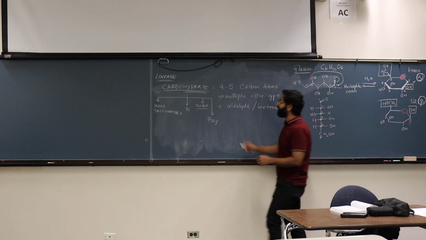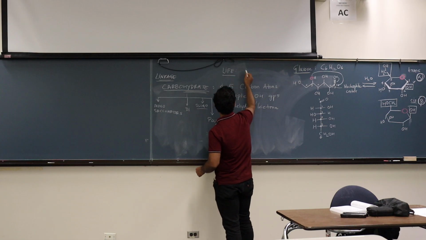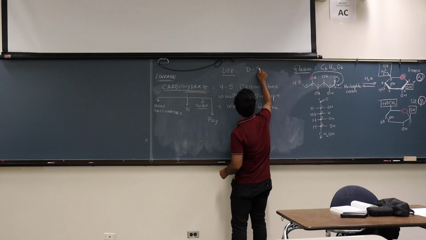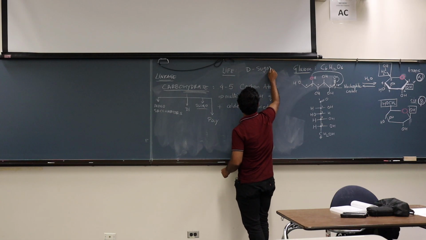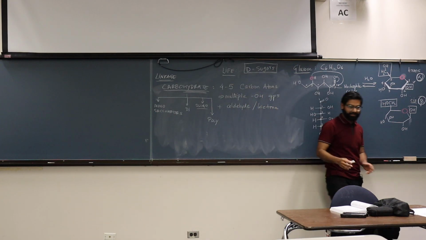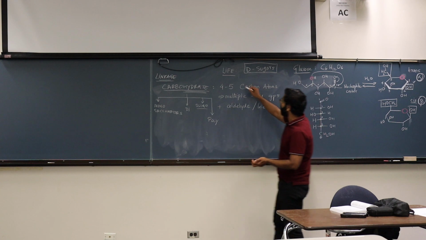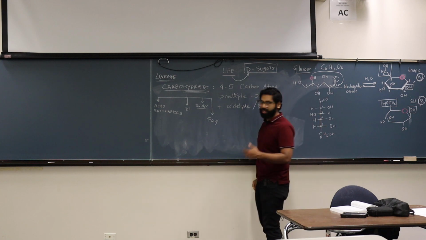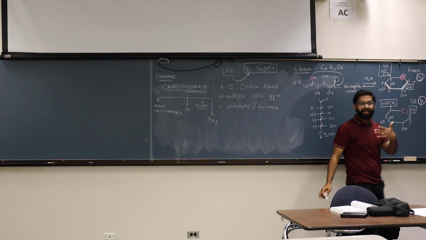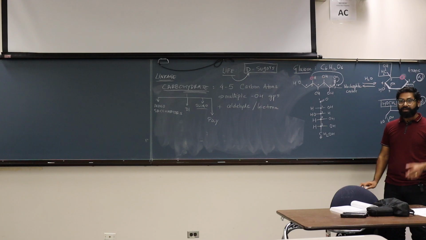Now, life will generally prefer, in this case, the D sugars. I'm not getting into the enantiomeric things, I'm just letting you know that both D and L sugars are present, but life, at least life on Earth, seems to include D sugars only in their making or in their business.